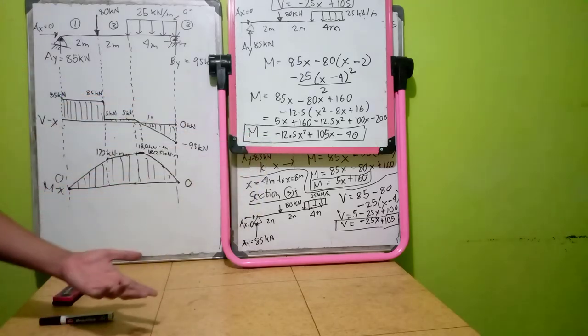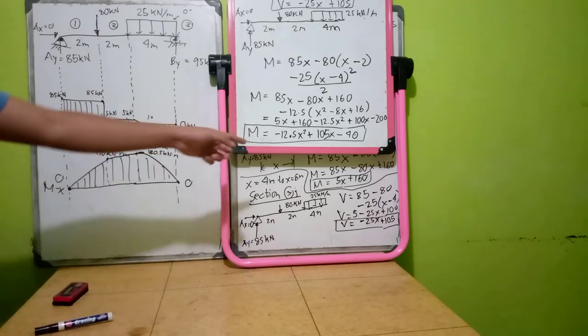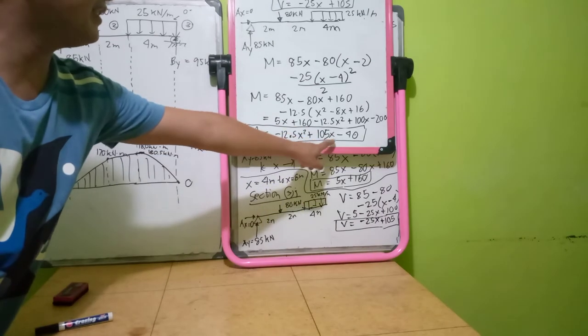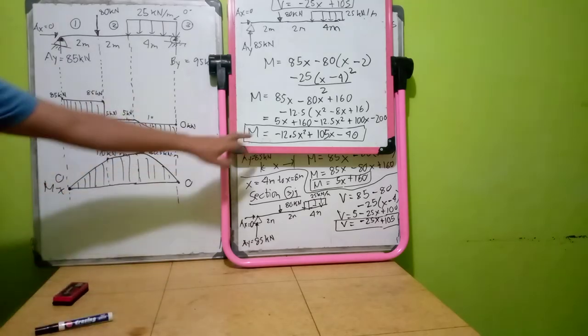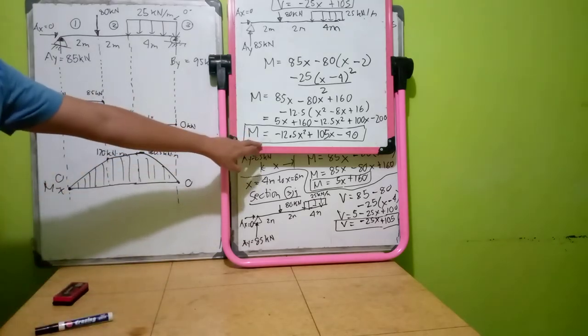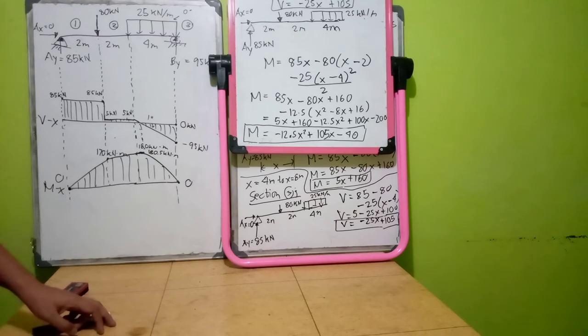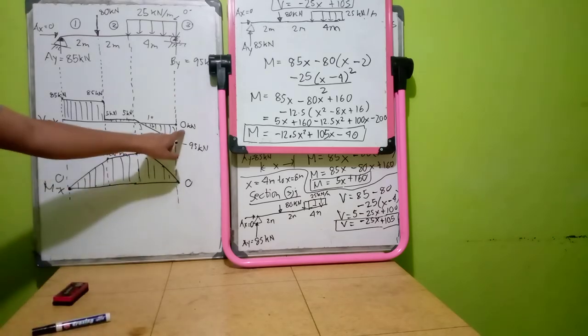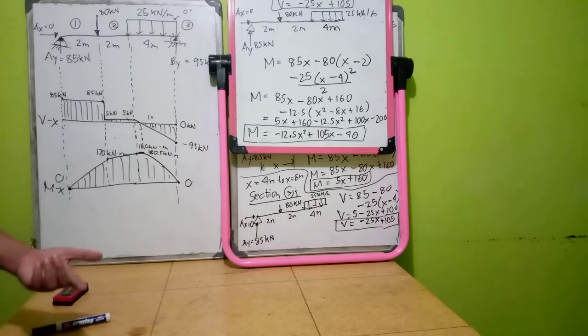In order to check if your moment is correct, as you can see, just a few minutes before, I had an erroneous solution in this area. You can check if your moment equation or shear equation is right if in the end it becomes 0. If it does not become 0, your solution is erroneous.